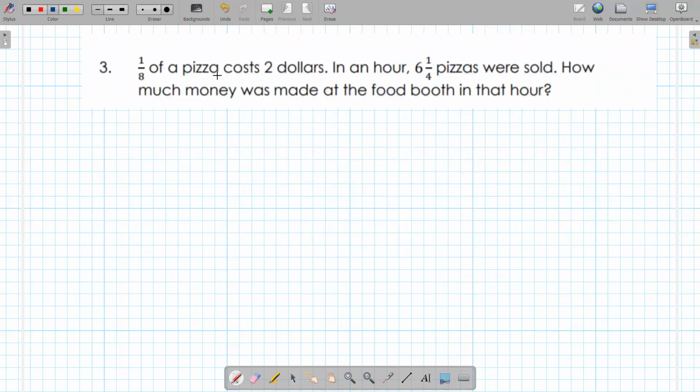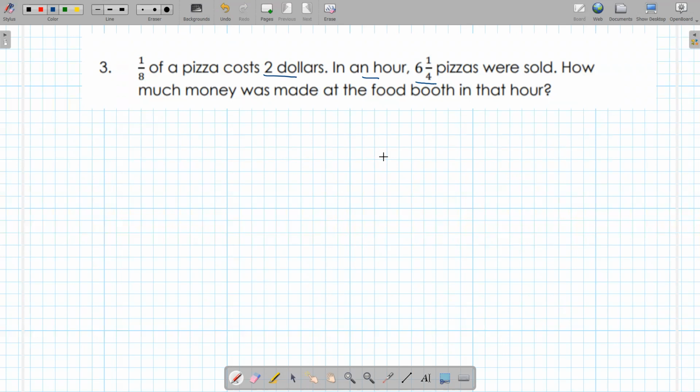Here's this: 1/8 of a pizza costs $2. In an hour, 6 and 1/4 pizzas were sold. How much money was made? Do you just do 1/8 divided by 6 and 1/4?